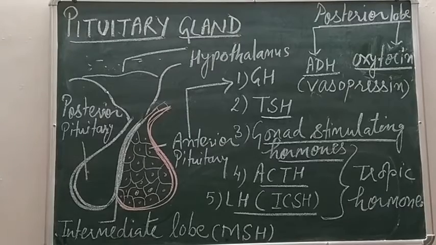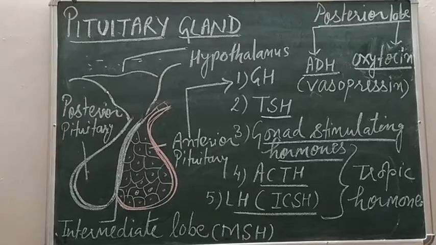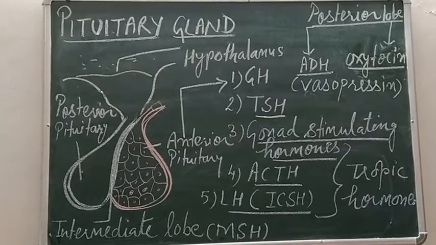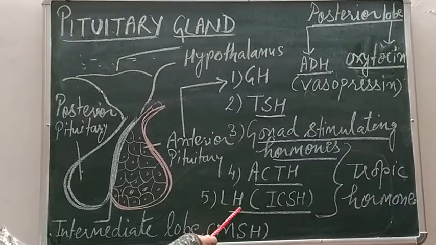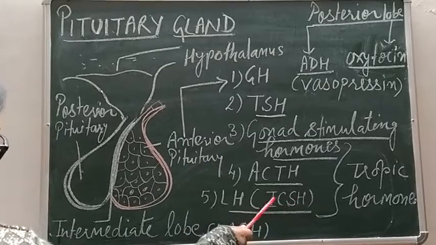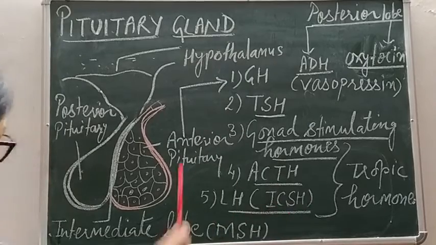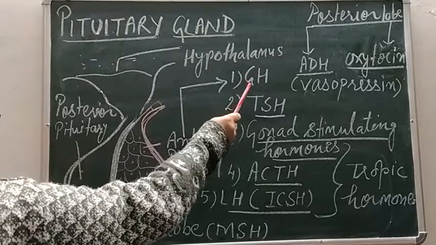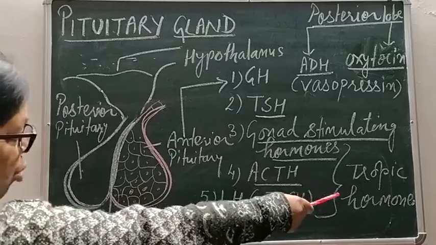Then ACTH, adrenocorticotropic hormone. LH, luteinizing hormone, or ICSH, interstitial cell stimulating hormone. Except GH, except growth hormone, the rest of these hormones are called tropic hormones.